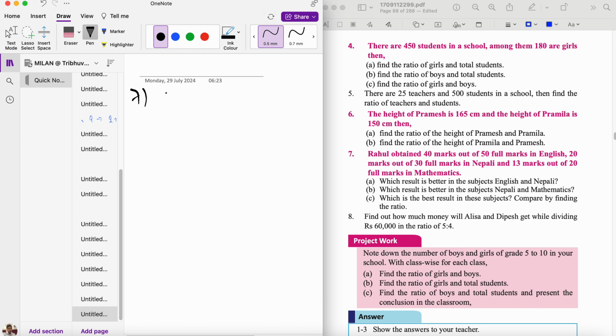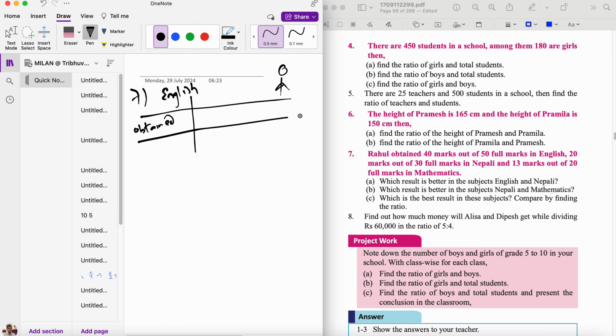Then number 7. Rahul obtained 40 marks out of 50 marks in English. Rahul is this person. He obtained this much in English, this full marks.